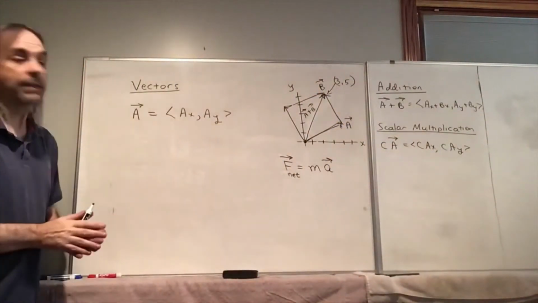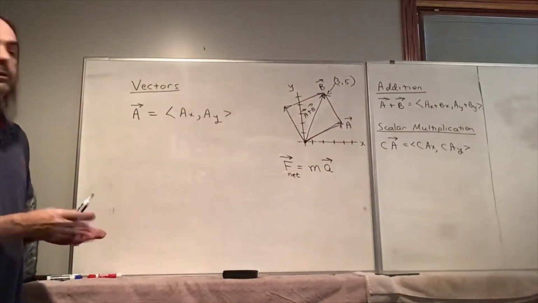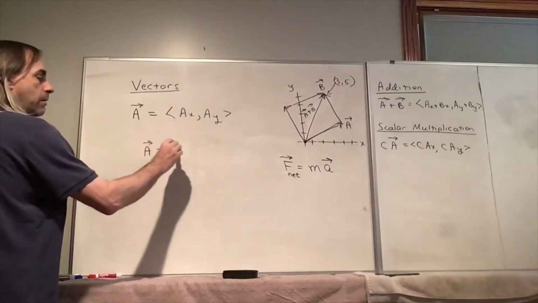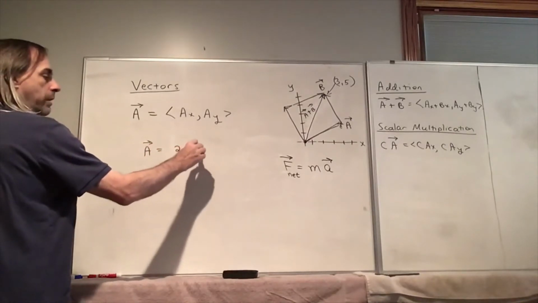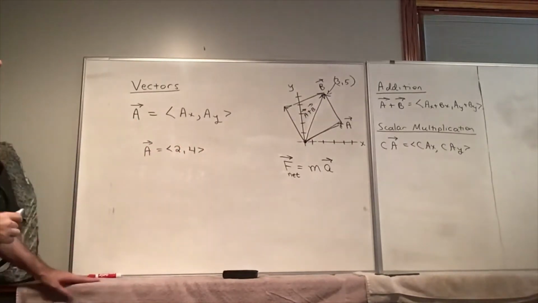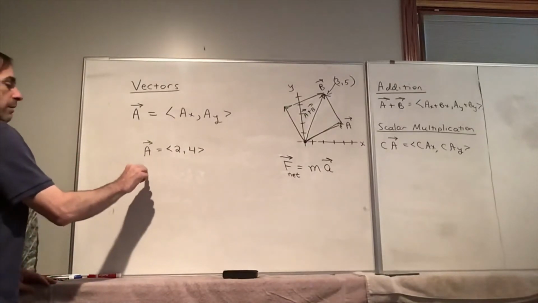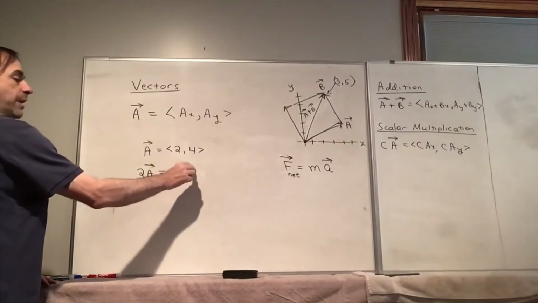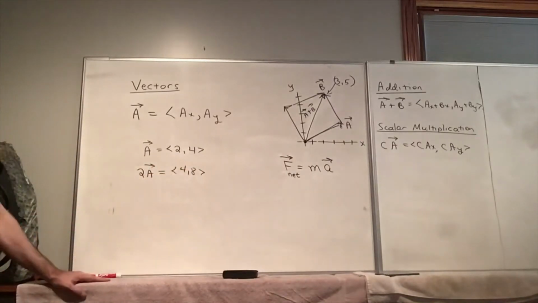Again, this is about the simplest rule that you could imagine. Say you have vector A is 2, 4. What is 2A? Well, I just multiply each of these components by 2. So 2A would be 4, 8.